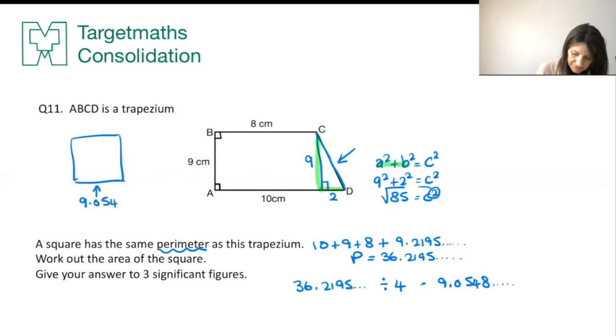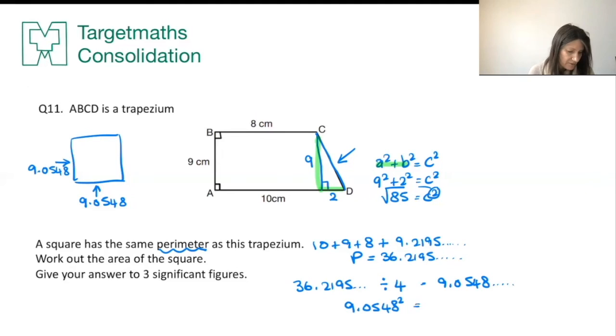And obviously the edges are equal, which means this would be as well. So I've got to times those two together to find the area, or I can just raise it to the power 2 and just square it, which is what we're doing.